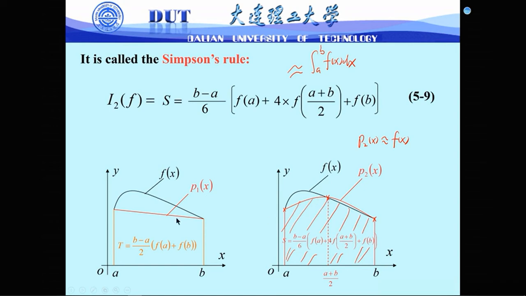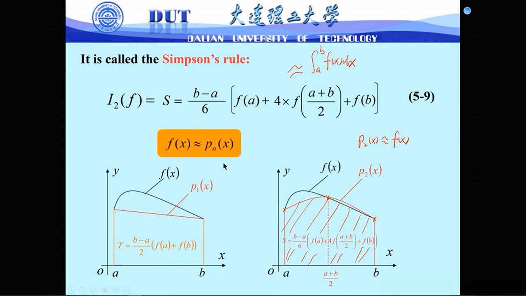Now of course, if you compare these 2 graphs, you can find that P2 is better. We use this area, which is better than using the straight line of the trapezoidal rule. So Simpson's rule should be better than the trapezoidal rule. Is it okay for you?